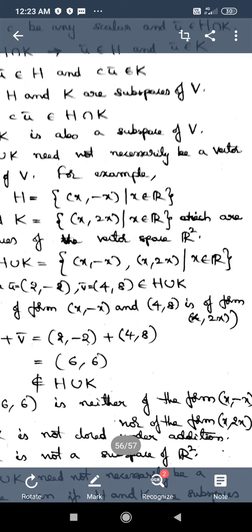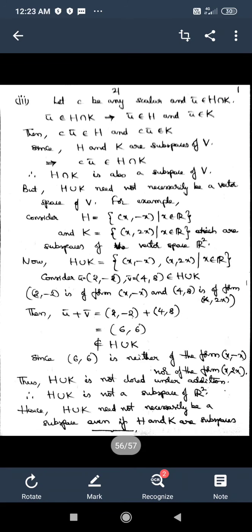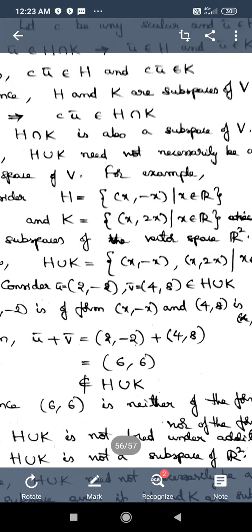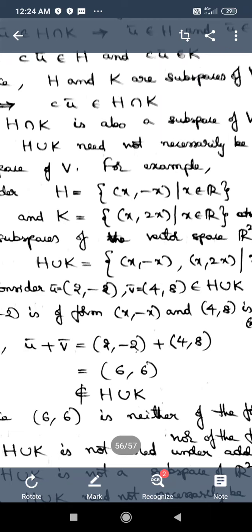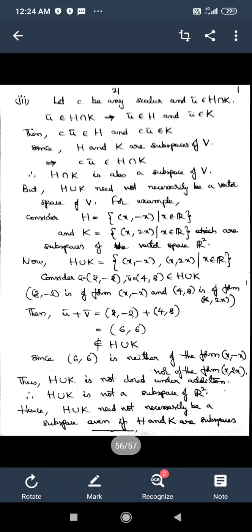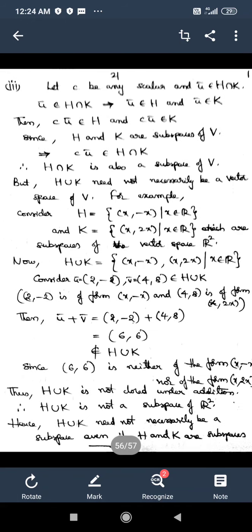Then it cannot be an element of H union K, and hence u bar plus v bar does not belong to the set H union K. If that is so, then the second condition of the definition of subspace is not satisfied in the set H union K, and hence H union K cannot be a subspace of the vector space R2. So H union K is not a subspace of R2.